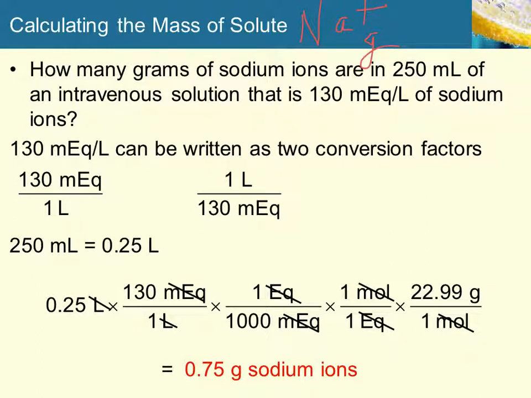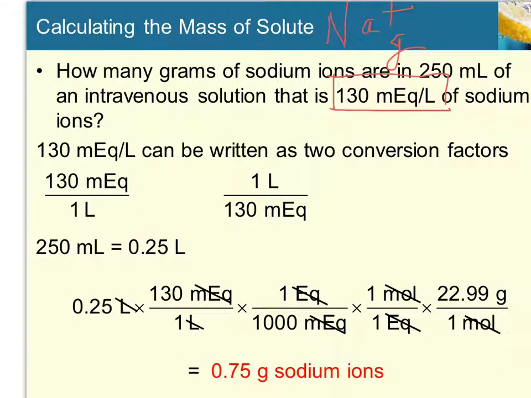So first of all, your 130 milliequivalents per liter can be written as two conversion factors, which you see right here, okay? So these equal this, and I can use whatever one I want.